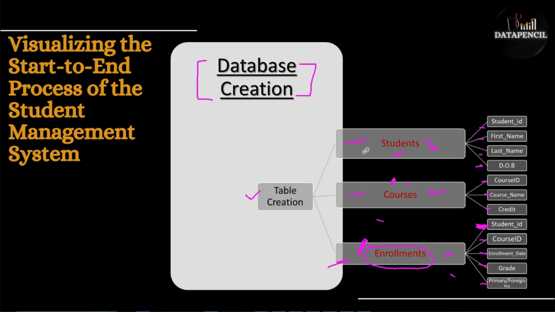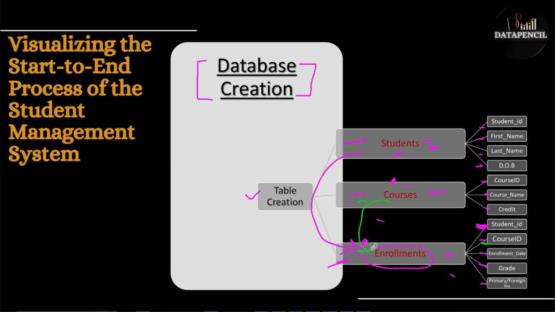So we can clearly see that there is one clear relationship between the student and enrollment tables. Now, if we talk about the courses table and the enrollment table, then also we can see that one column is common, which is course ID. Fine. So it means one clear relationship is visible between these two tables, courses and enrollment.